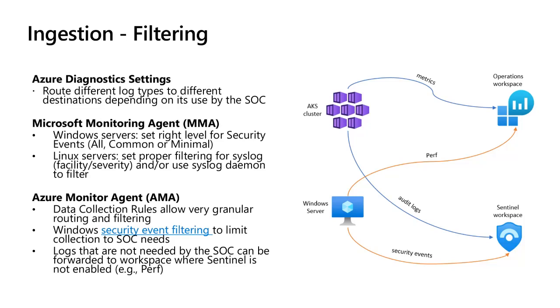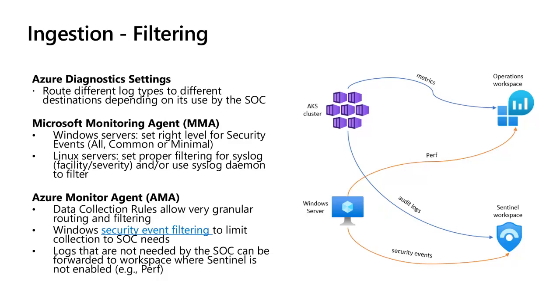We also have now a new agent called the Azure Monitor Agent that just went GA, I think, a few days ago. This new agent has a specific control that we call data collection rule. These data collection rules allow very granular routing and filtering of your logs. So for example, in terms of Windows security events filtering, you can specifically say, hey, I want to just collect these specific security event IDs and send them to the workspace.